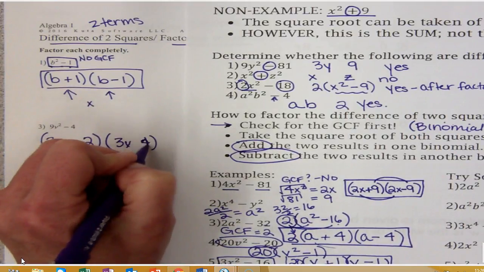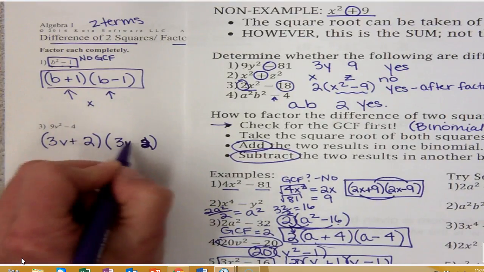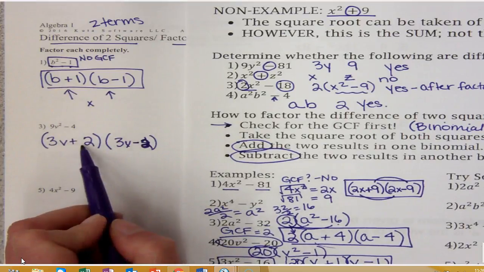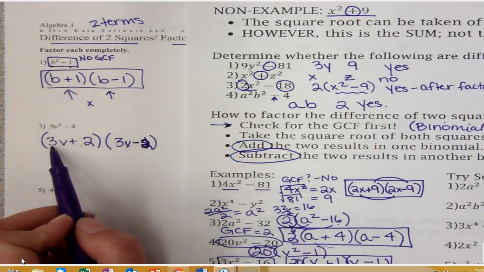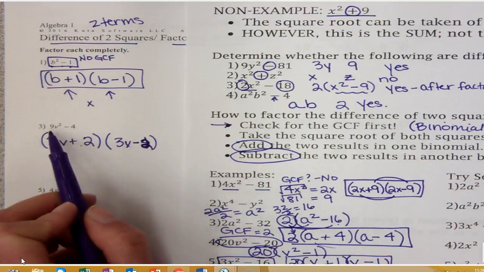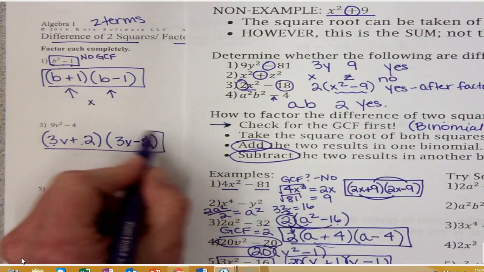Oh, oops. This should be 2, because 2 times 2 is 4. I add 1, I subtract the other. I know that positive 2 times negative 2 is going to give me negative 4. 3v times 3v is going to give me 9v squared. There's my answer.